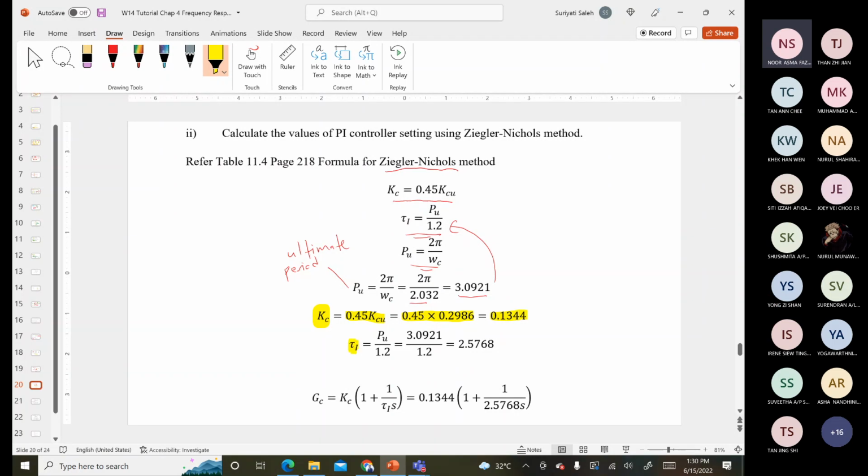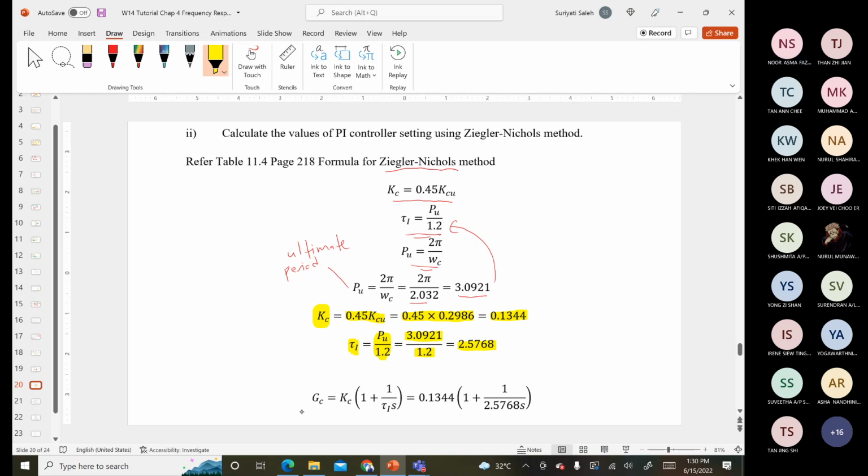And tau I equals Pu divided by 1.2. So 3.0921 divided by 1.2, we get 2.5768. So this gives the controller parameters for the PI controller.